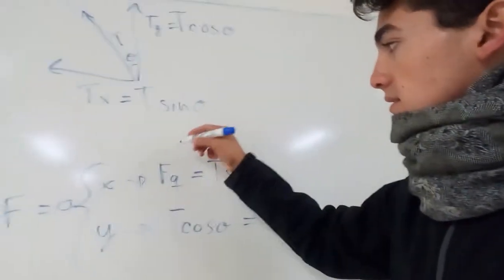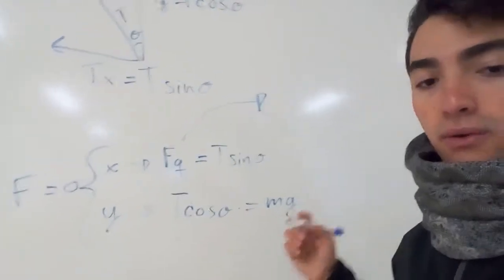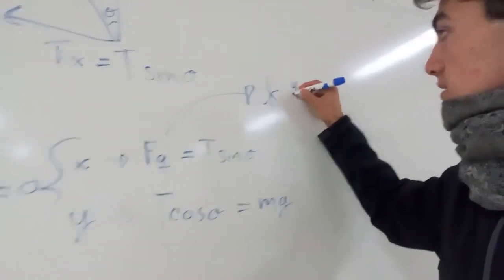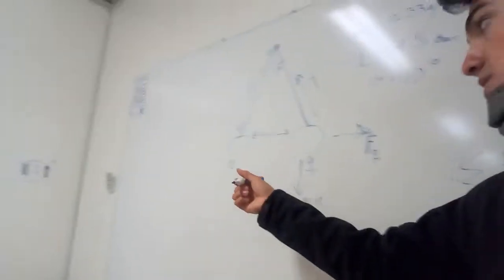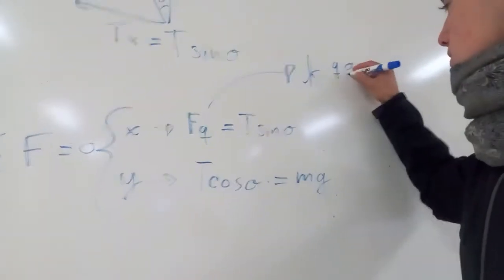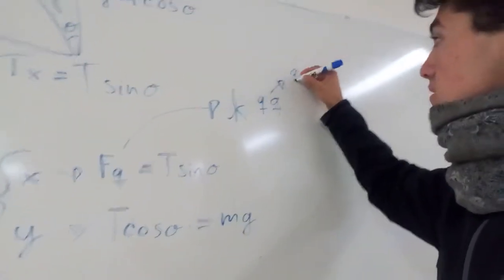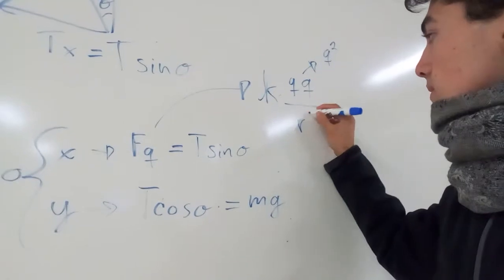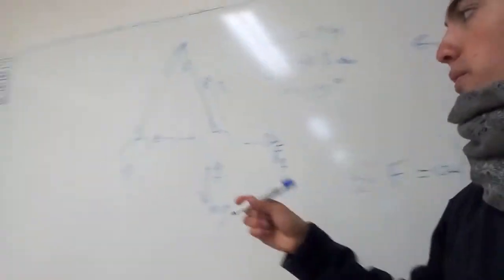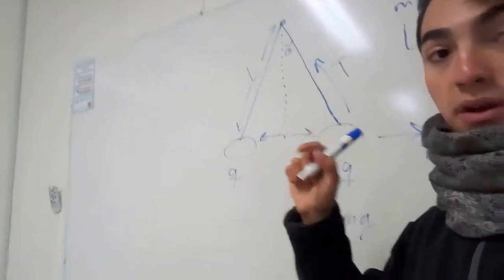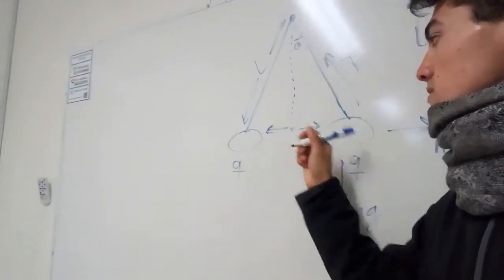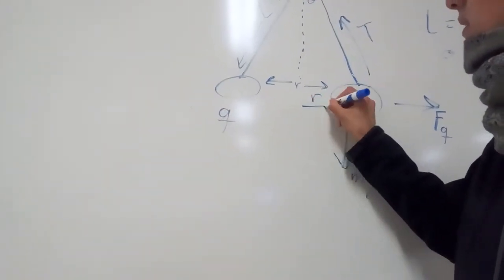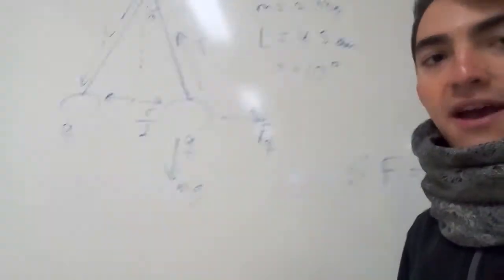For the force of the charge, we know that we have the constant of Coulomb times charge 1, times charge 2, which is the same charge. So this will be equal to the charge squared over the distance between both spheres squared, but we are only using one of the sides, so the distance is half.